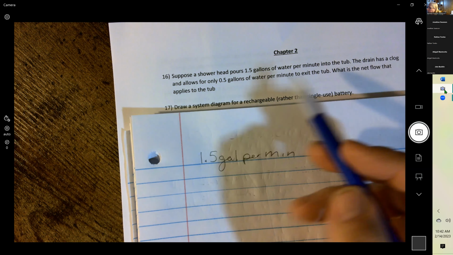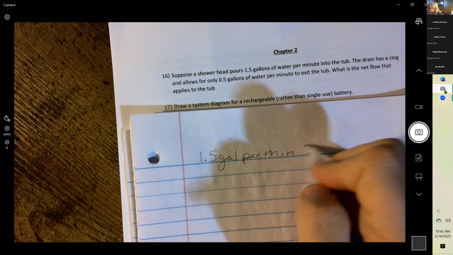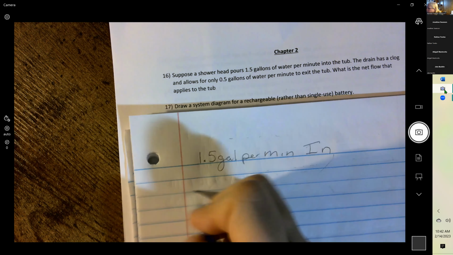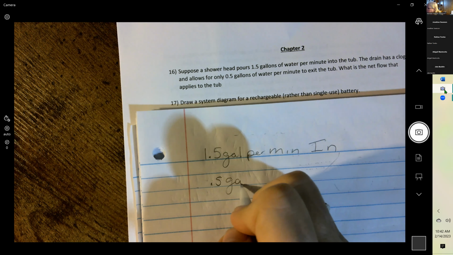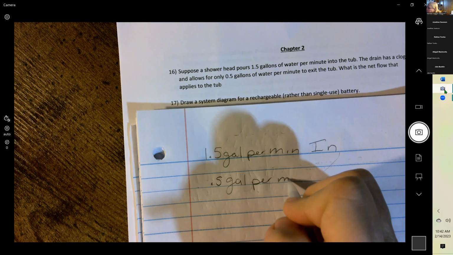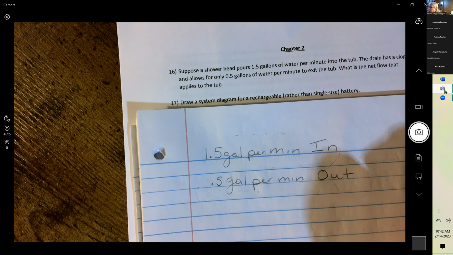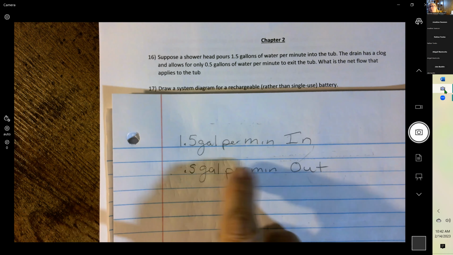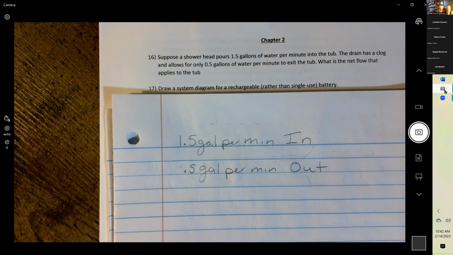The drain has a clog and allows only 0.5 gallons per minute out. What is the net flow? Now, the first thing you want to do when you're looking for net flow is make sure units are the same. If they were not the same, you'd need to convert them. I didn't do that to you on the tests. I just want to make sure you know what net flow is.